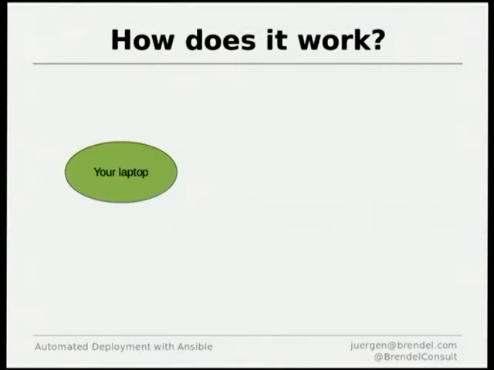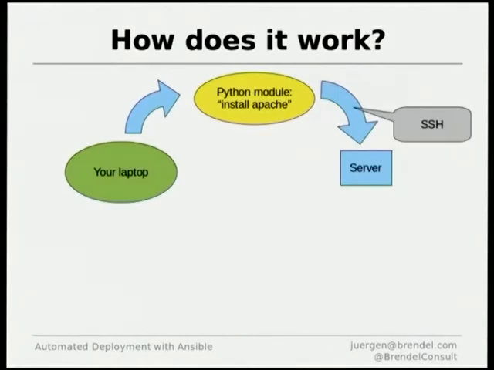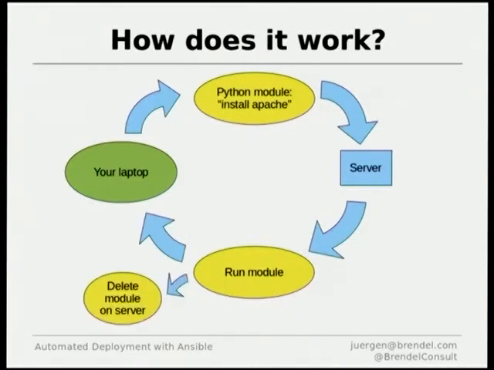You have your local machine. It uses SSH. It has a module locally here. I have a copy of a module which knows how to install stuff, let's say, and I want to install Apache. So it takes this module, this Python source code, and together with a couple of arguments, sends it over via SSH to the server, runs it there, returns the output, and then deletes the source code there.